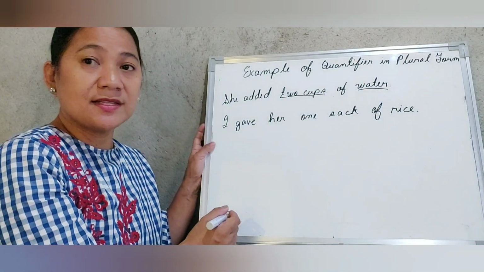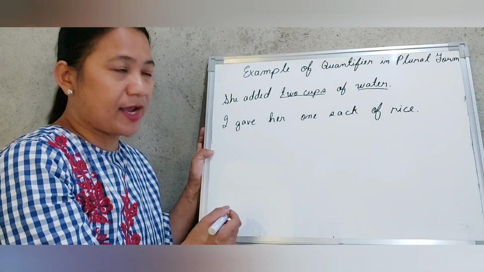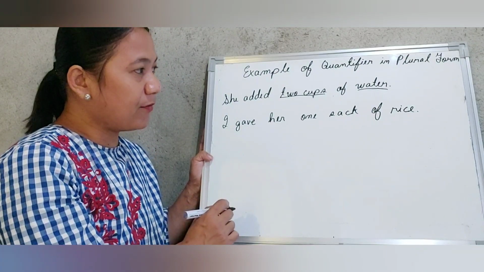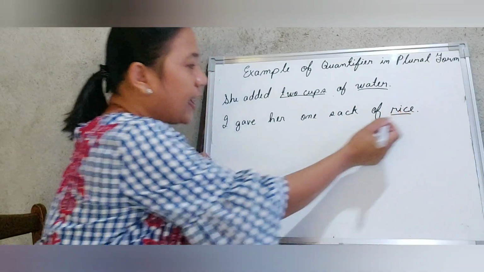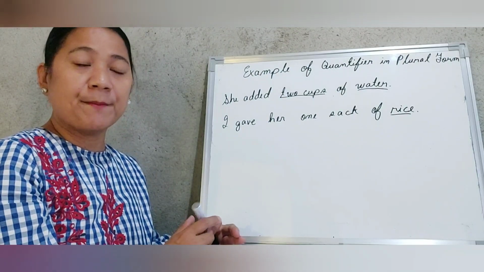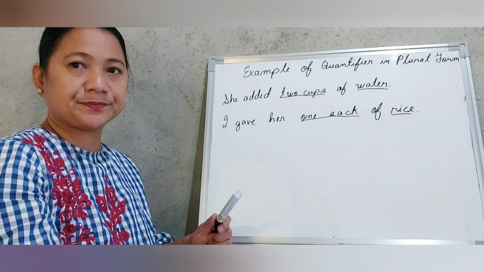And sentence number 2, I gave her 1 sack of rice. The mass noun that we have here is rice, and the quantifier used to measure again the amount of the mass noun is 1 sack.